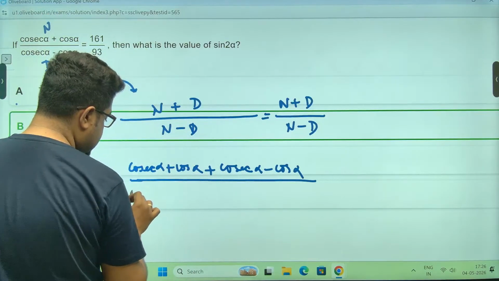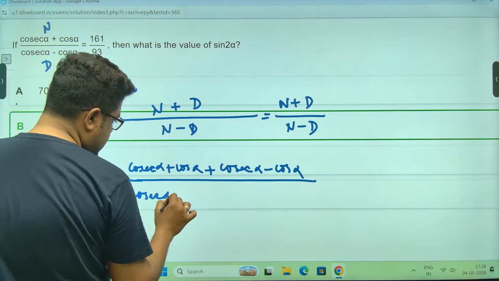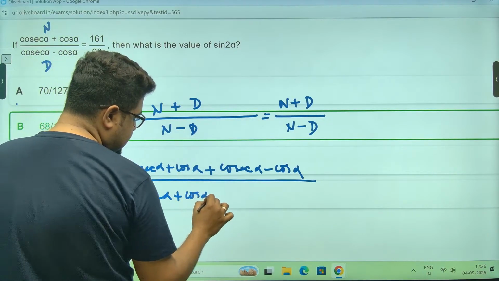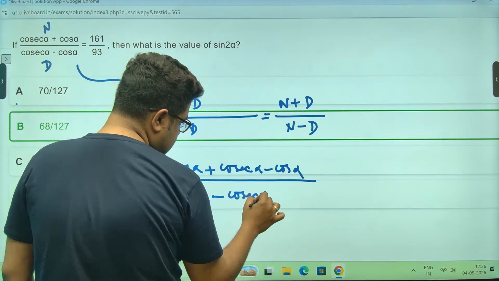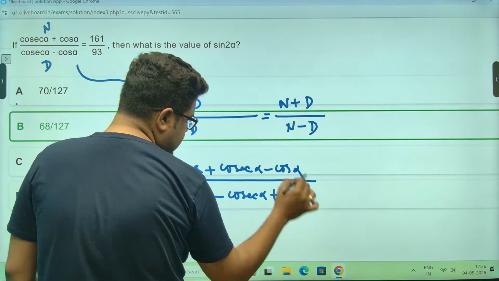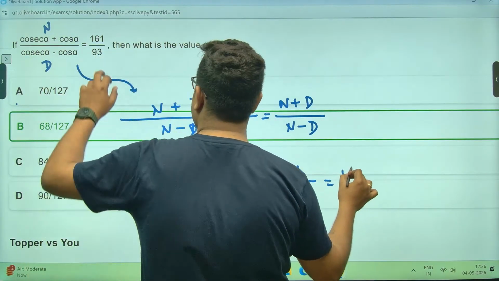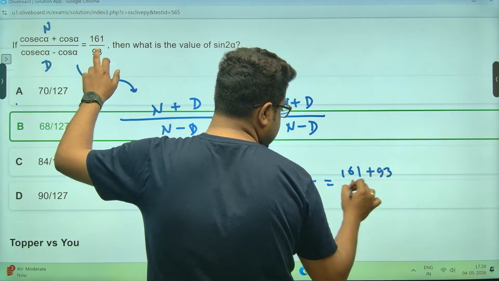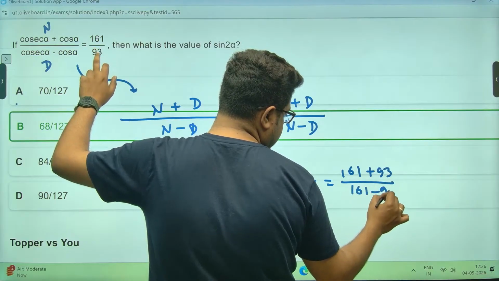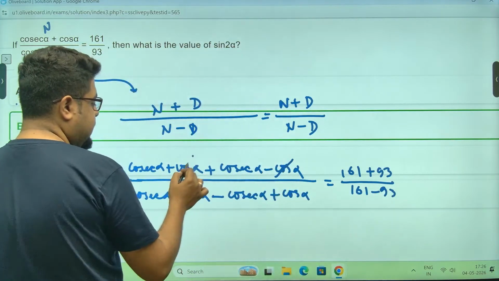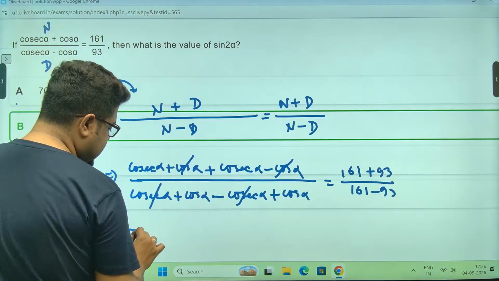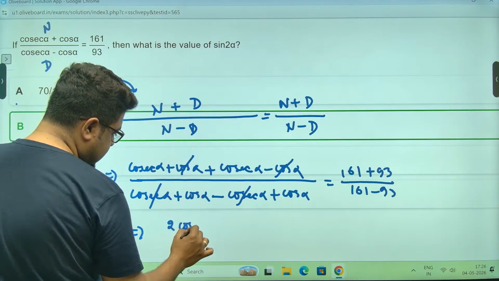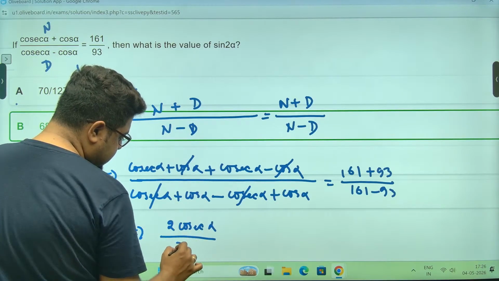Divided by numerator minus denominator. Right hand side will be cosec plus cos. You see next line. So this gives us 2 cosec alpha by 2 cos alpha.